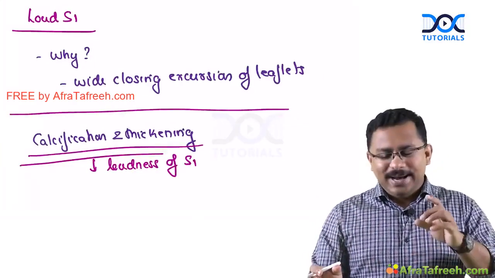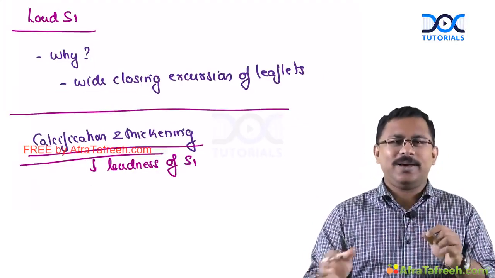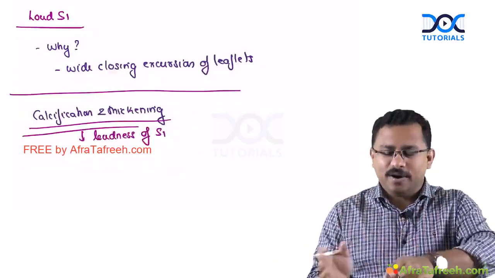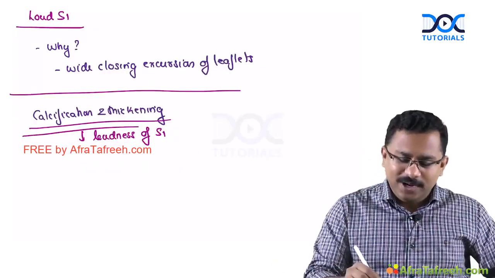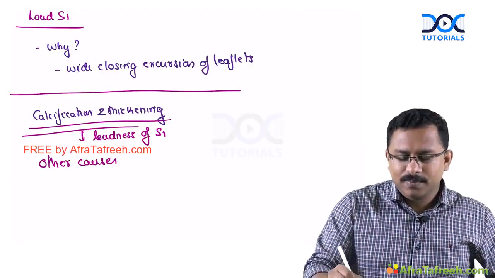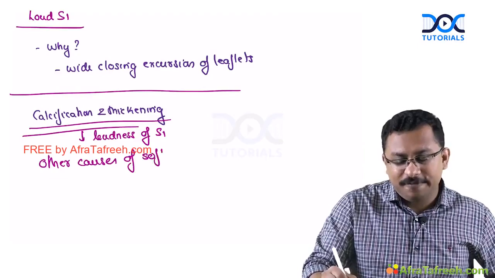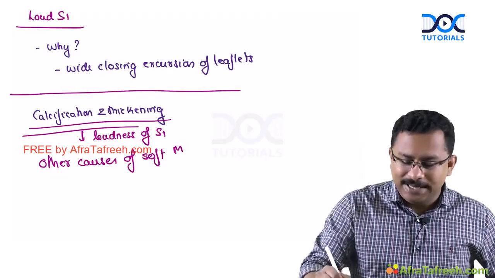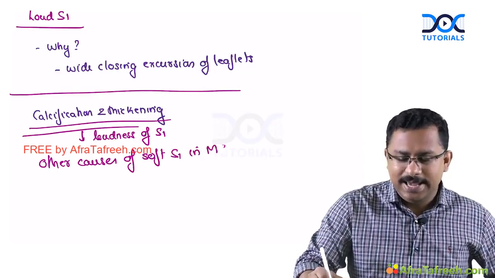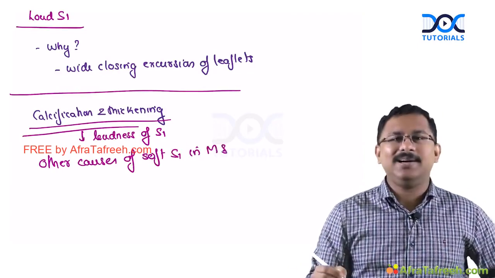Now, in addition to this, I told you that mobility restriction is responsible for a soft S1. So what are the other causes of soft S1 in MS? That is what we are going to learn.